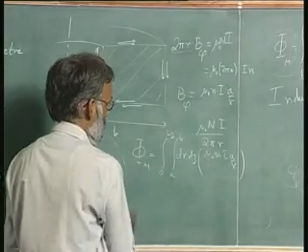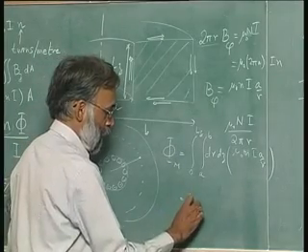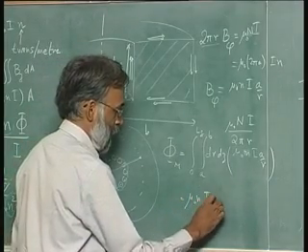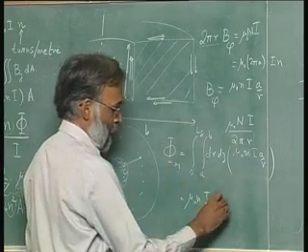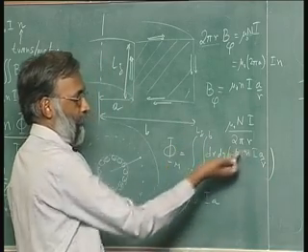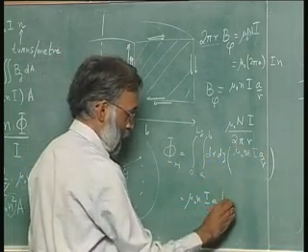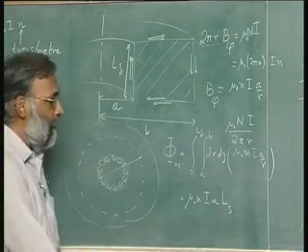The integrals are trivial. It gives you mu naught n I times a times the z integral. The integrand is not dependent on z, so I can just integrate it trivially to get Lz.